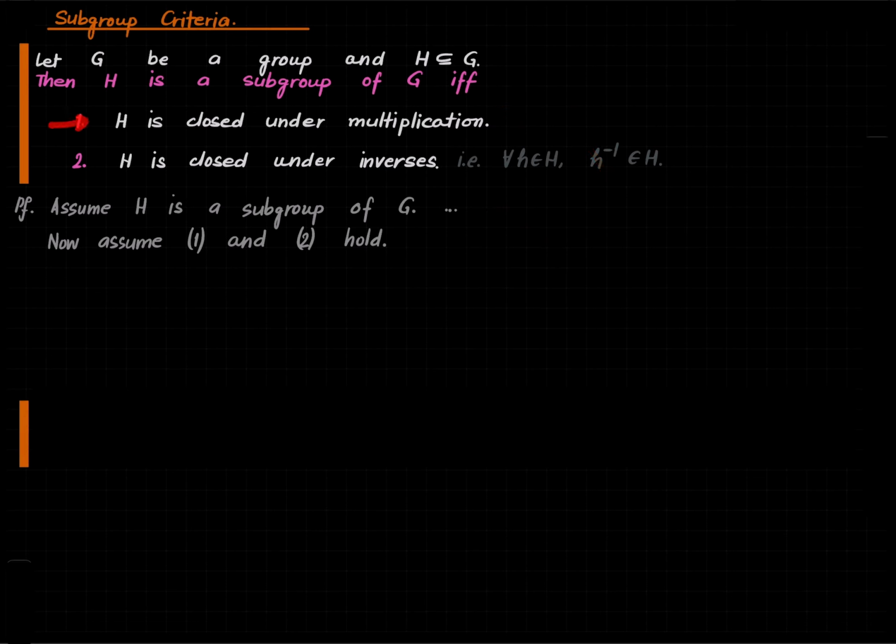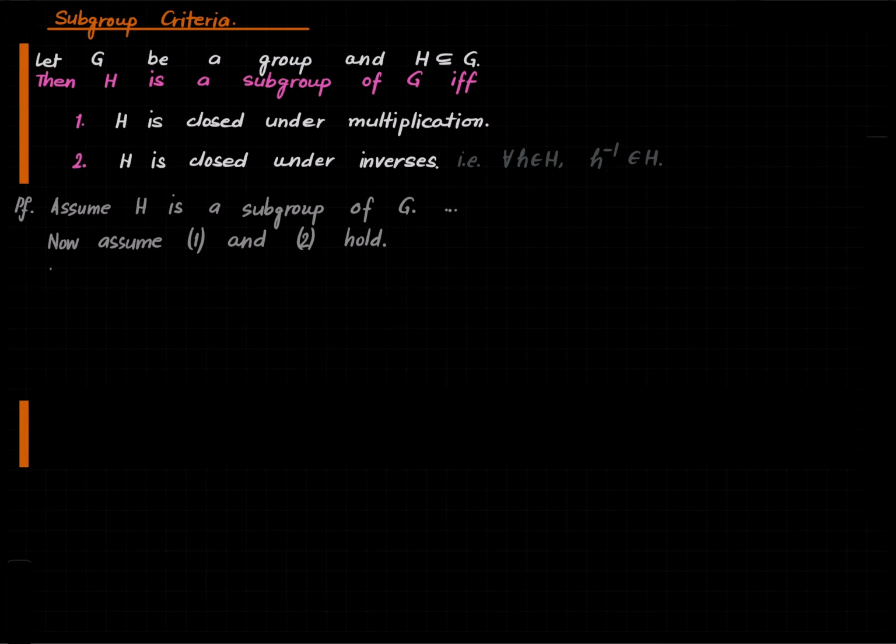We want to show that it becomes a group. And what do we need to do? We need to show that there exists an identity element in H, and everything has an inverse.